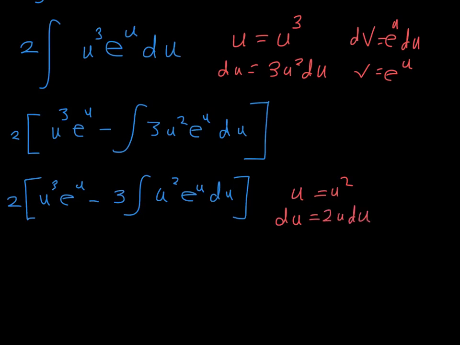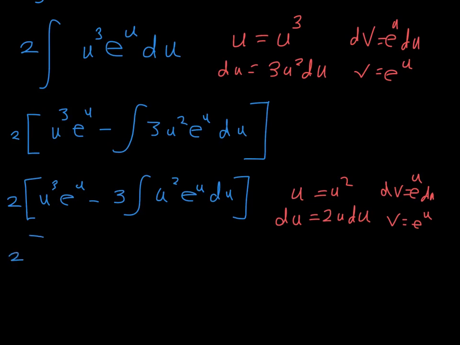And then what I'll choose for dv is e to the u du, like I chose earlier, which means v is just e to the u. What that will do then is I'm going to use integration by parts again.